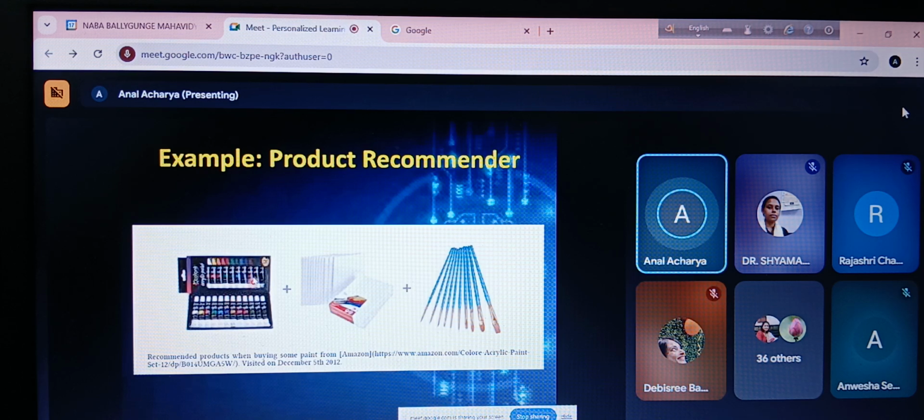Along with this, sandpaper is required, and a paintbrush is required. So along with colors, these sandpapers and paintbrushes are being recommended. These types of systems are called recommender systems.